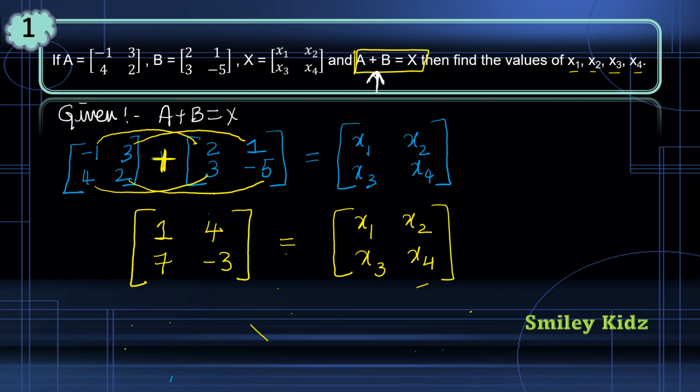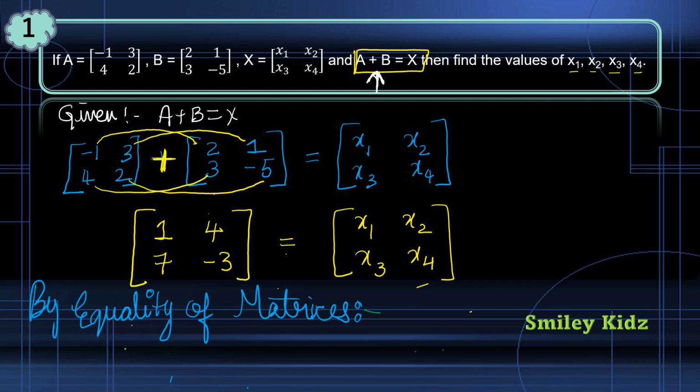Now that we have arrived to this particular equation, here you must have observed one thing, that there is an equality between these matrices. So by equality of matrices, here the values of X1 will be 1 in this manner.